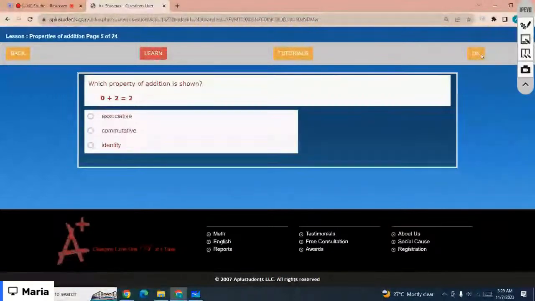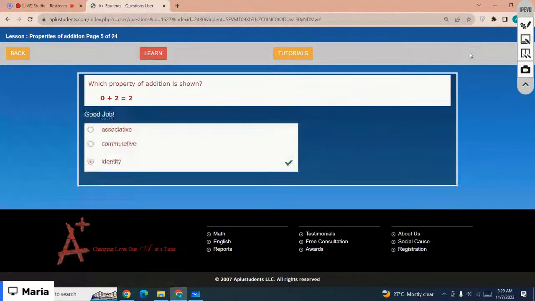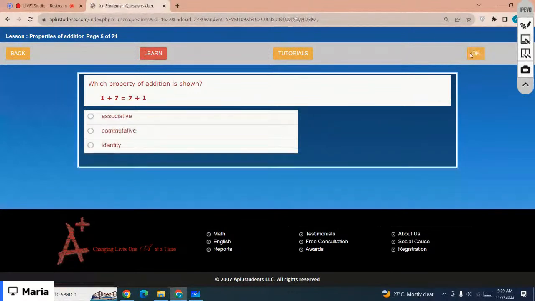Which property of addition is shown, associative, commutative? The correct option is, yes, that is the identity. Which property of addition is shown, which is the correct option?